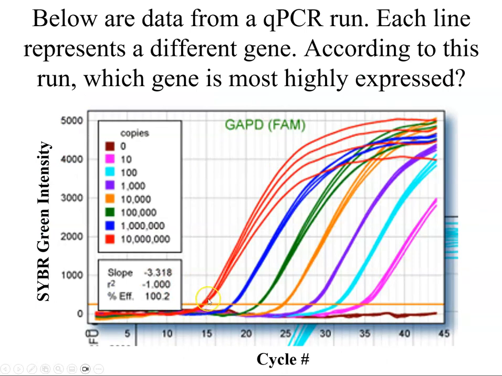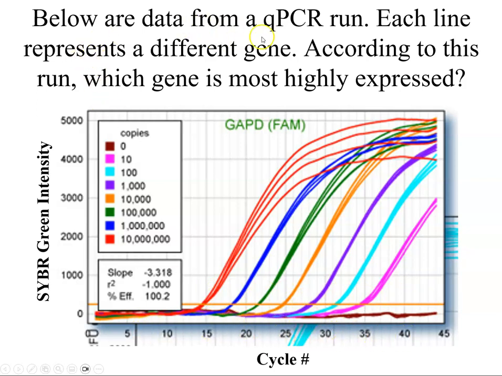If we look at the threshold value here for red versus blue, green, there are more copies, either 10 million copies of whatever the template is that we're looking at here, versus a million, versus 100,000, right? So the less we have, the more the threshold value will change. So the cycle number changes here.